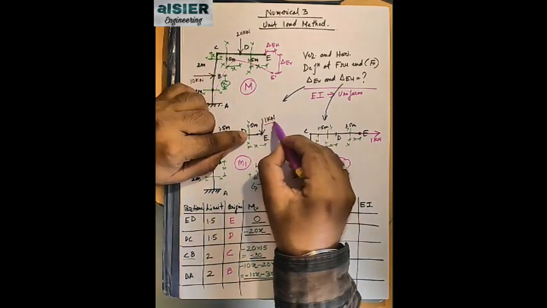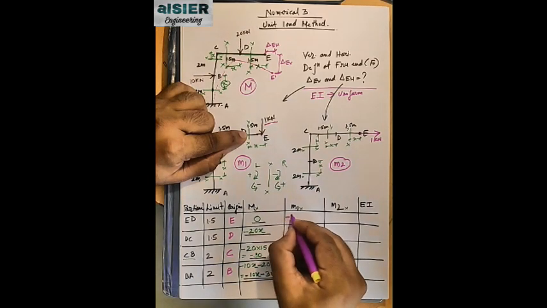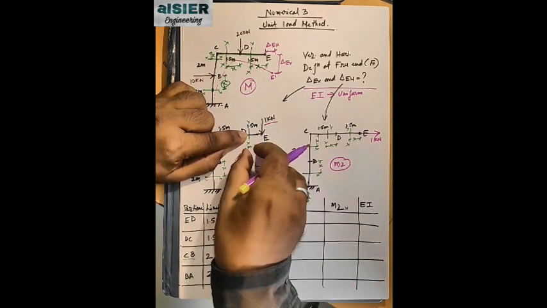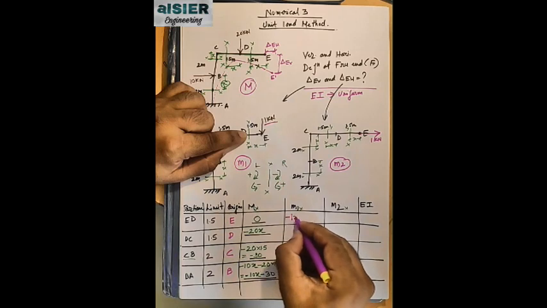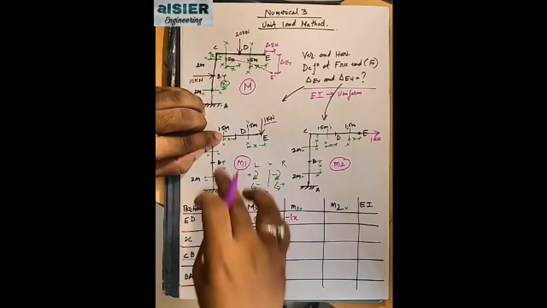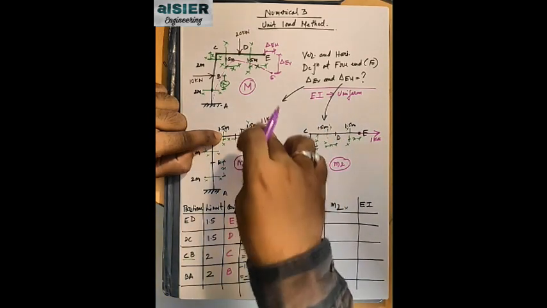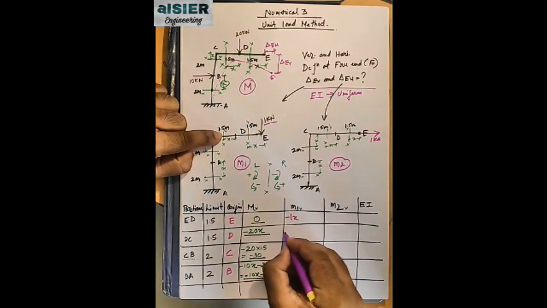There is only one load of 1 kilonewton which is going clockwise. So I will write down here minus 1. And what is the distance from the section? It is x. That's it. No other loading. Similarly, in region DC, this is the section, and on the right side of the section there is only one load of 1 kilonewton which is going clockwise. So minus 1.